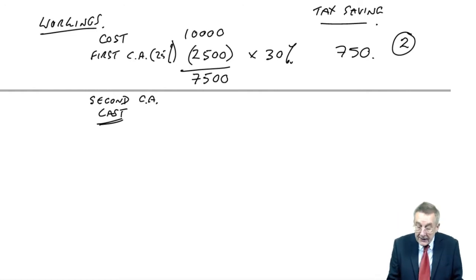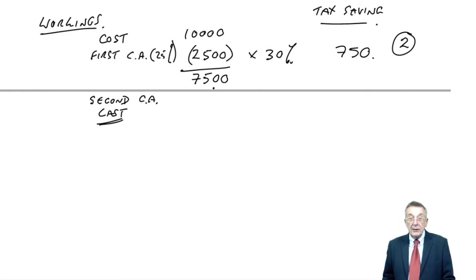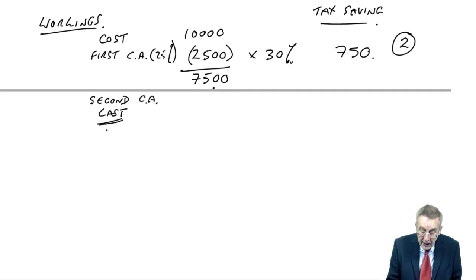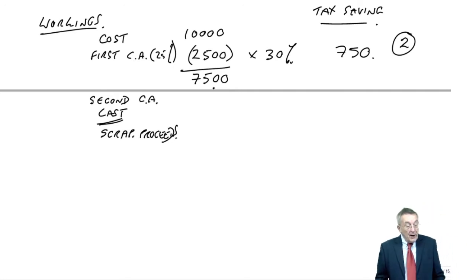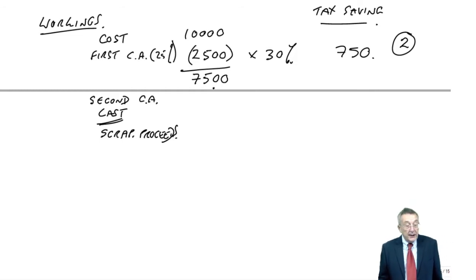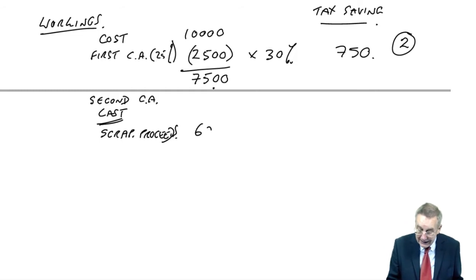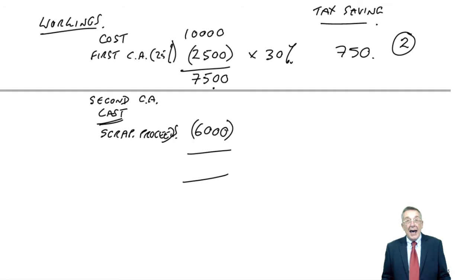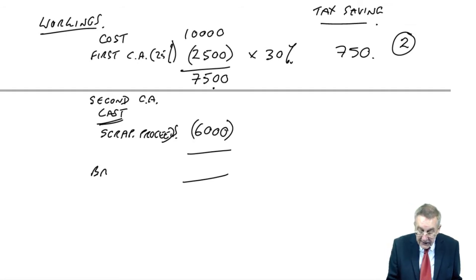All we do is subtract from the tax written down value, subtract the scrap proceeds, which in this case, what are they? We're going to sell at the end of the second year for 6,000. And whatever's left is here what we call a balancing allowance.